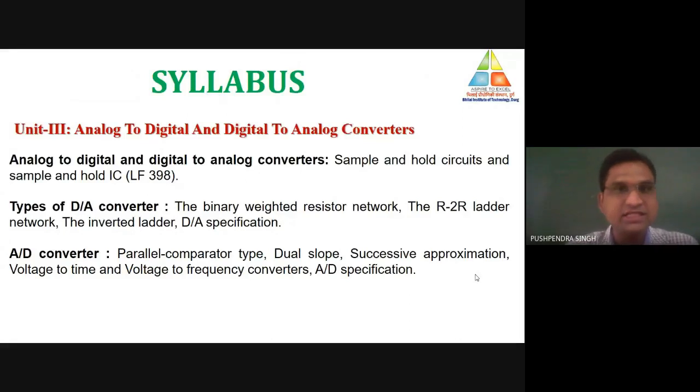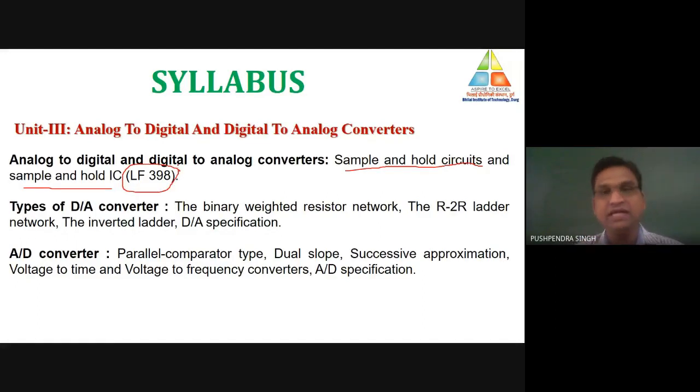So here is the syllabus of unit number 3 in analog to digital and digital to analog converter. Very first topic is the sample and hold circuit and the IC which is generally used for the sampling and holding process. The IC number for sampling and holding is LF398.